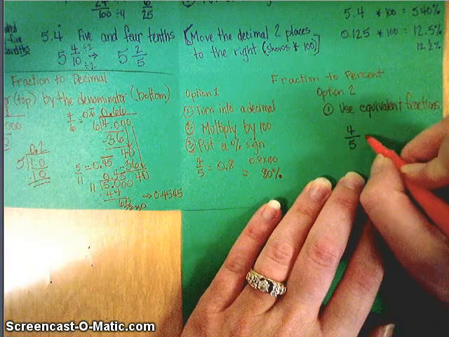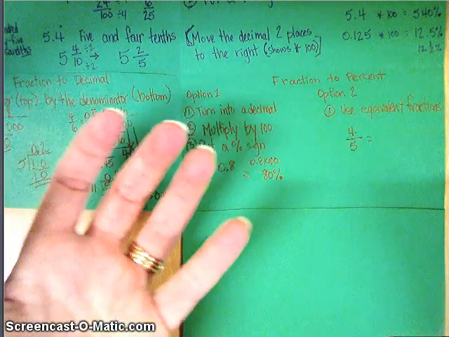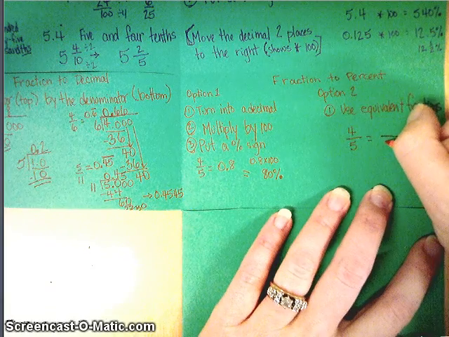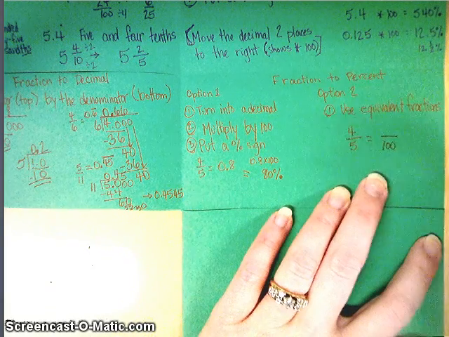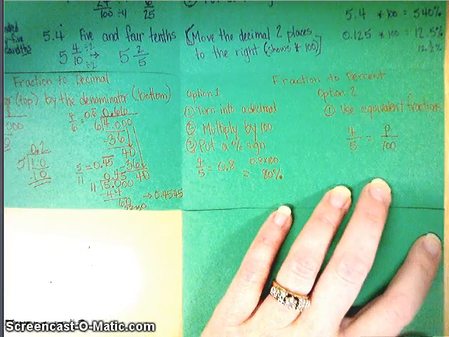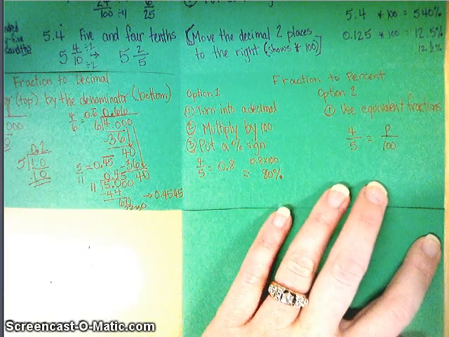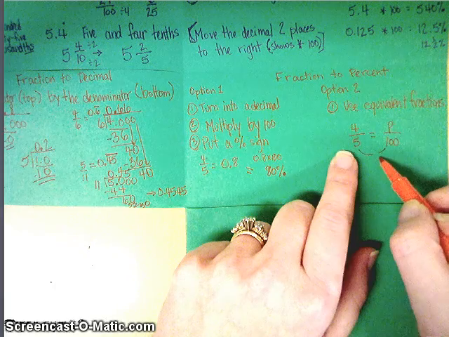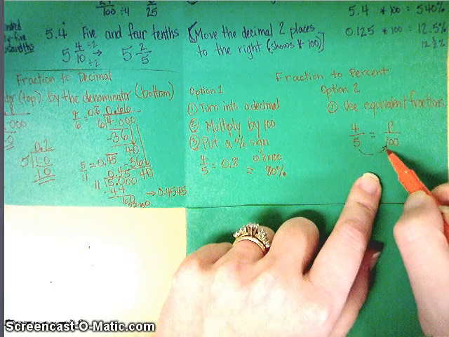So 4/5, 100 is going to be your denominator, because percent is always out of 100. You can put a P here for the percent. And you can say, what did I do to 5 to get to 100?